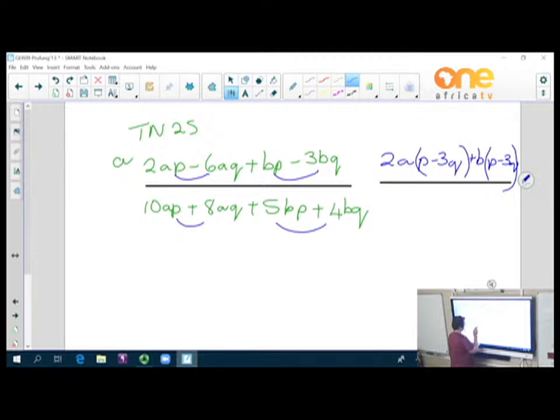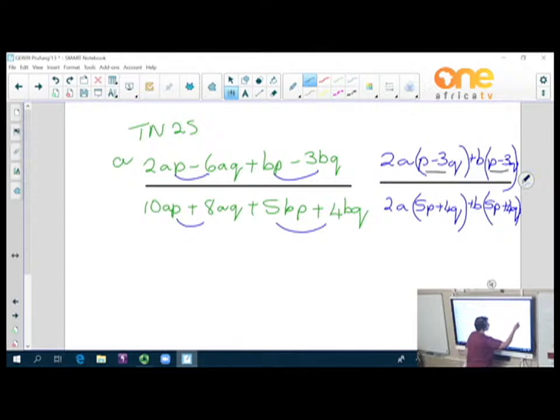Here, if I group this 2, then I can take out 2A, and then there remains 5P plus 4Q. And here, I can take out B, and then there remains 5P plus 4Q. Now, I still cannot just cancel. I'm busy with grouping, so I have a double HCF.